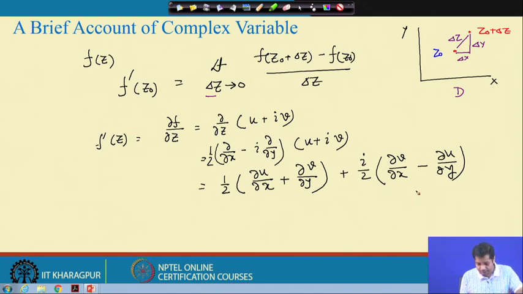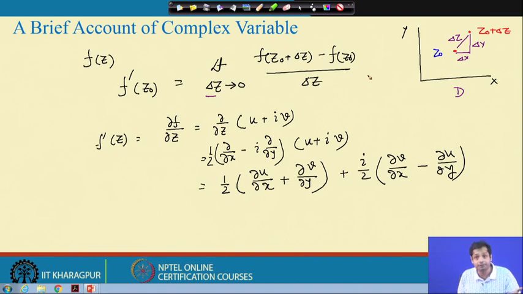This is the expression of f dash z. Now when I say that this exists irrespective of how delta z tends to 0, it means that this equation should be valid.